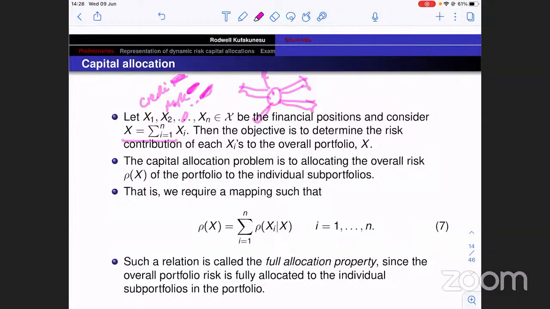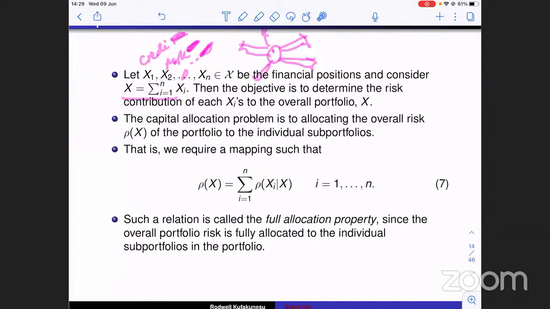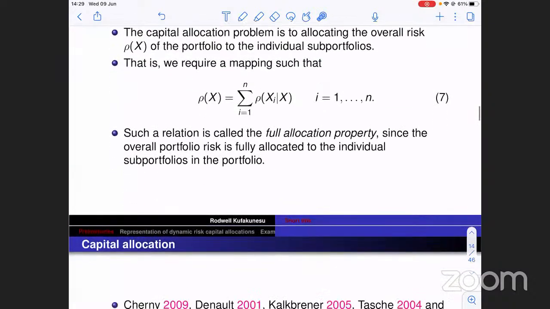So the capital allocation problem is to allocate the overall risk, rho of X, of the portfolio to the individual portfolios. And then we will require that the sum of the risk allocations given the total will be equivalent to the total risk. There are many ways of doing this, but in our case, we're going to use the full allocation property, since the overall risk is fully allocated to the individual sub-portfolios in the portfolio.